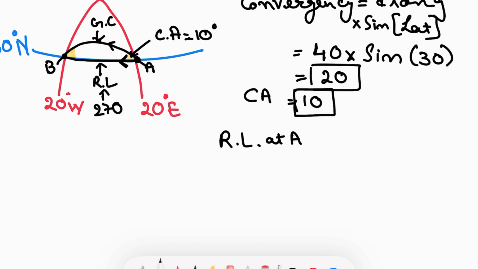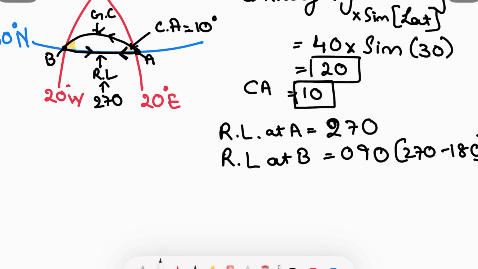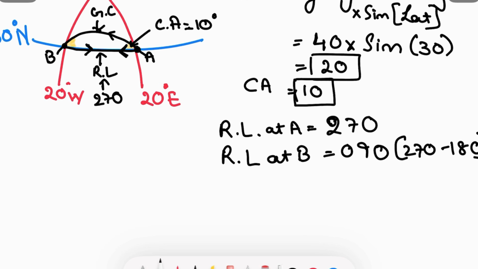So the rhumb line at A is 270, and the opposite rhumb line, the rhumb line at B, is going to be 090, because 270 minus 180.